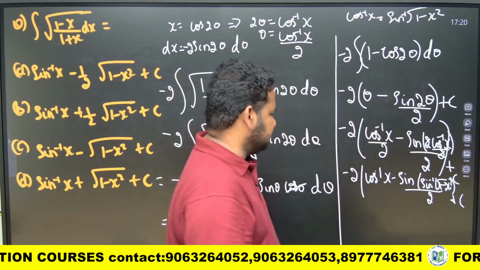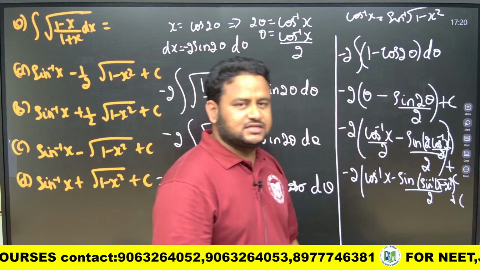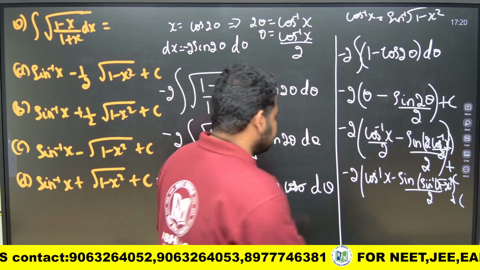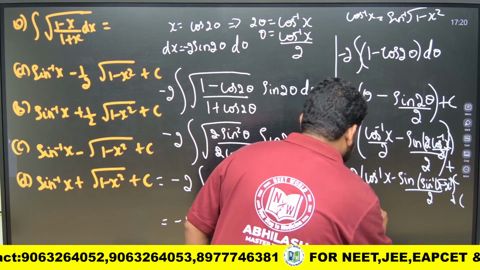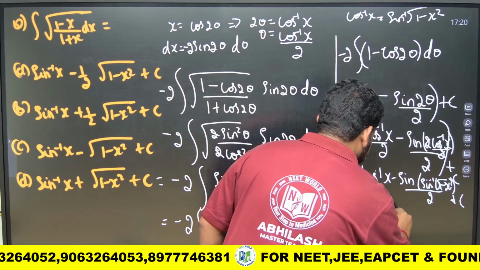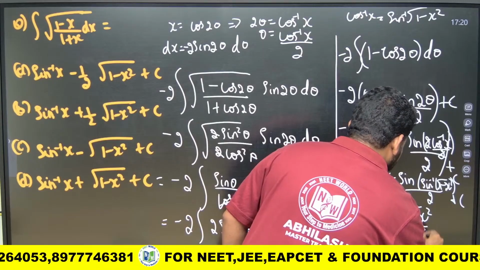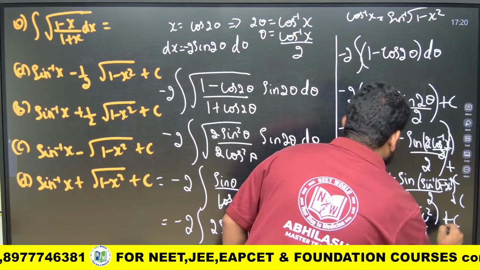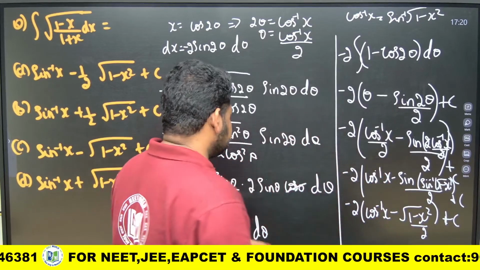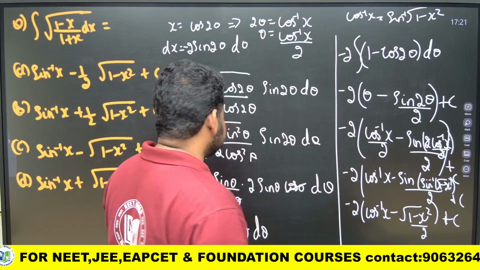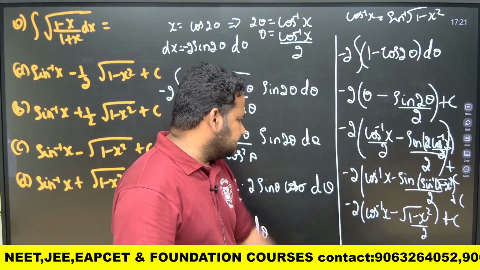It is a very simple question. We have to be careful with the calculation, because the question is already done and only a little calculation remains at the end. So this can be written as minus 2 cos inverse of x minus sine inverse of x, which is root of 1 minus x square by 2, plus c. So cos inverse of x minus square root of 1 minus x square plus c.